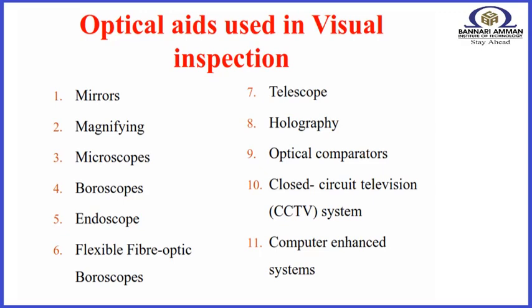Borescopes and fiber optic borescopes. Optical comparators. Photographic records. Closed circuit television, CCTV, systems, alone and coupled to borescopes/microscopes. Machine vision systems. Positioning and transport systems, often used with CCTV systems.